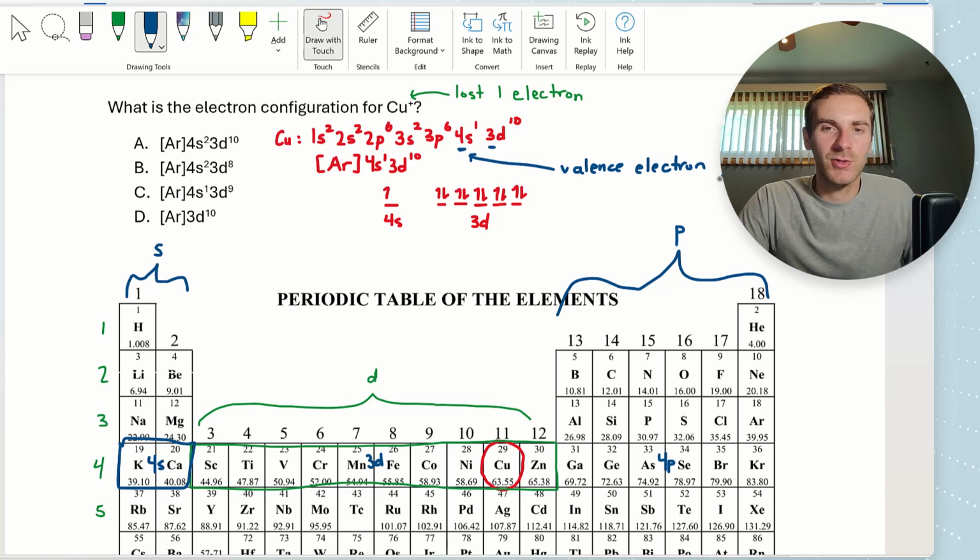And so that one's going to be removed before the 3d. So we're removing one electron. It is the one in the 4s. So our electron configuration of Cu+ would be, and if we do that again down here in the noble gas version, it would be argon 3d10.